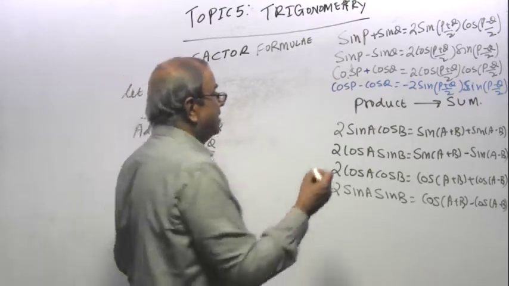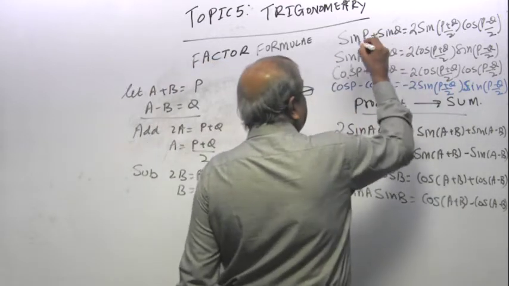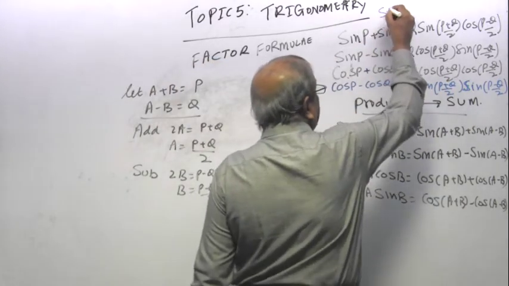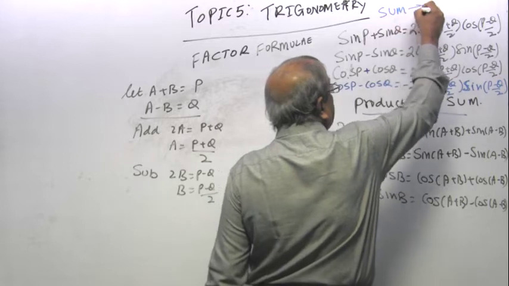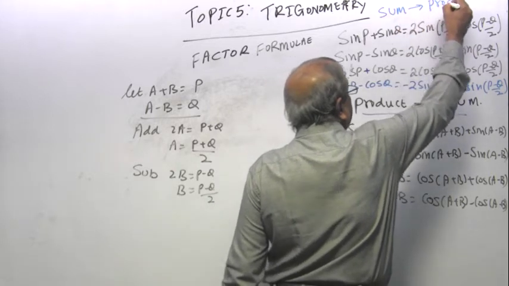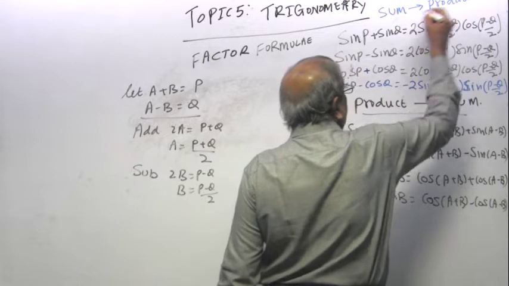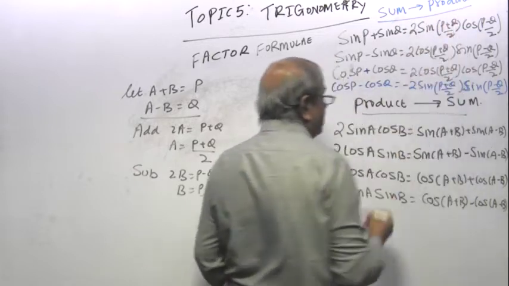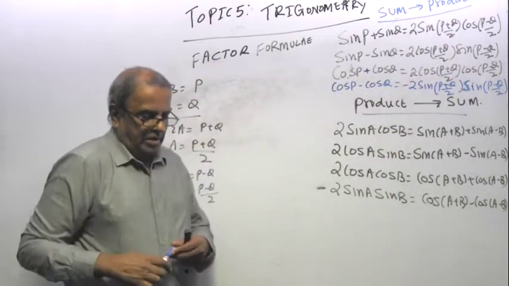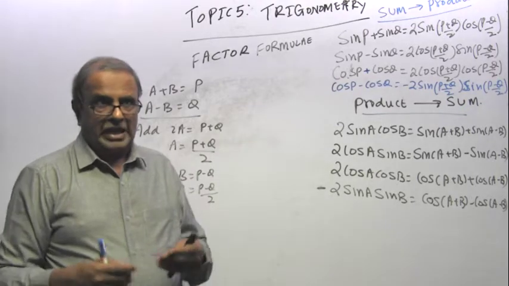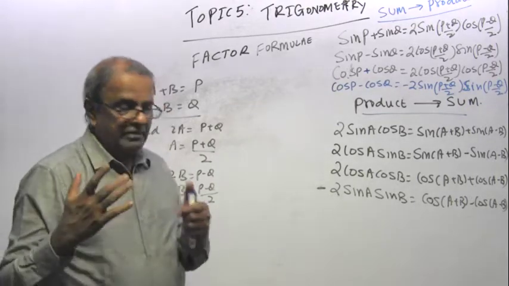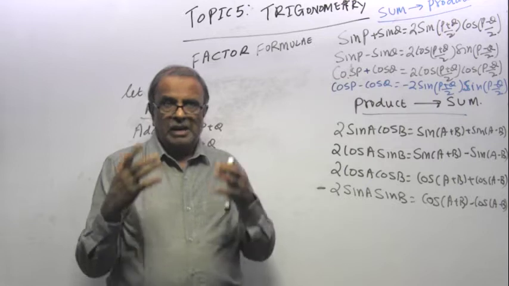Look here. This one was a sum, so these are called sum to product formulae. The whole lot of them are called factor formulae. I mean, the examiners are well within their remit.